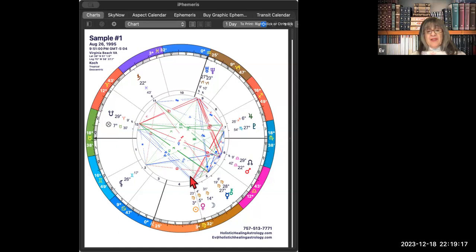Now you're going to say to me, yeah, we understand these symbols, they all mean something, they all have keywords, but what about these lines? Some of these lines are green, some of these lines are blue, some of these lines are red. What does that mean? Great question. Well, the red lines, solid lines in the chart, are stronger relationships.